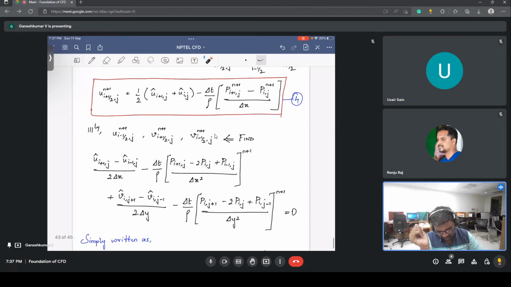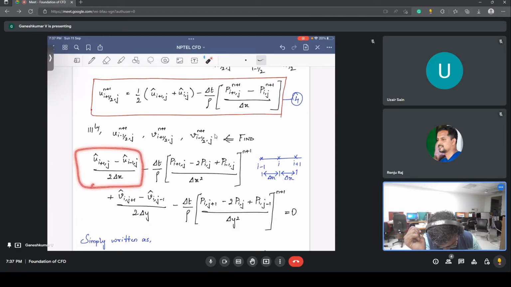So how does this look? Can you guys guess? Let me draw the stencil here again. This is i, this is i plus 1, this is i minus 1, and this is delta x. So can you tell me about this equation? It's actually u at i plus half minus i minus half divided by 2 times delta x, right?